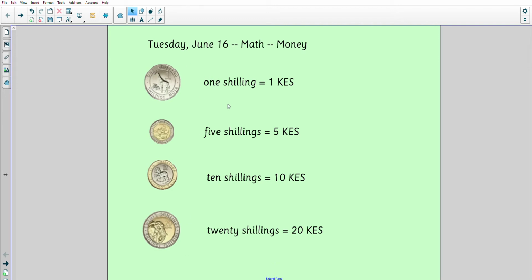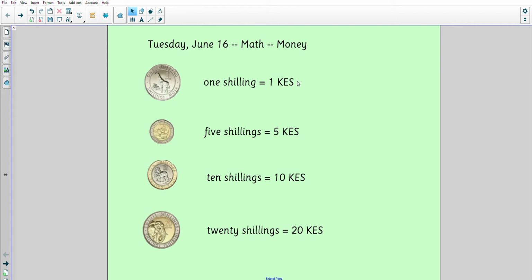First, let's look at the 1 shilling coin. This coin with a lovely giraffe on it says 1 shilling on the top, shilingi moja underneath, and it has a number 1 on it. We can write 1 shilling in words like this, or in numbers with the numeral 1 and then KES.